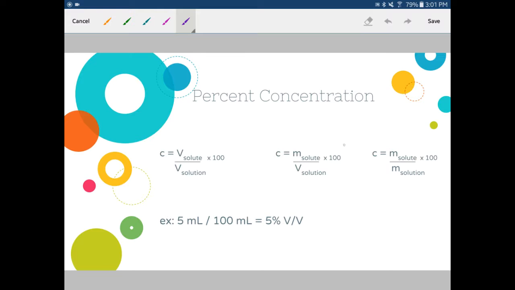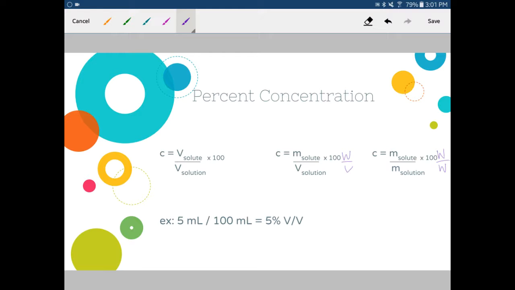Scientifically, we use mass over volume, but in terms of what these are commonly known as for our commercial chemicals that we get in the store, this is actually called weight over volume, and this is actually called weight over weight.